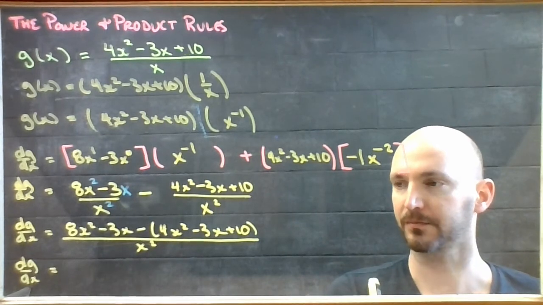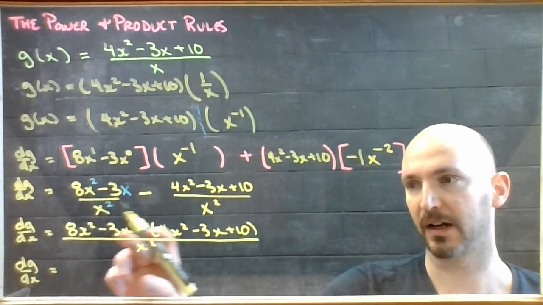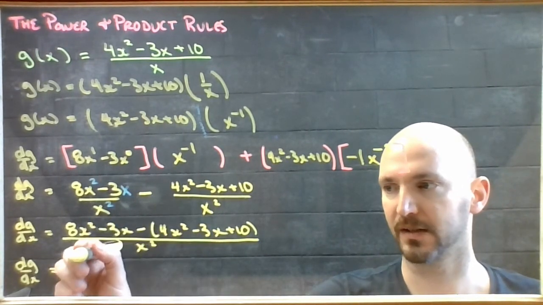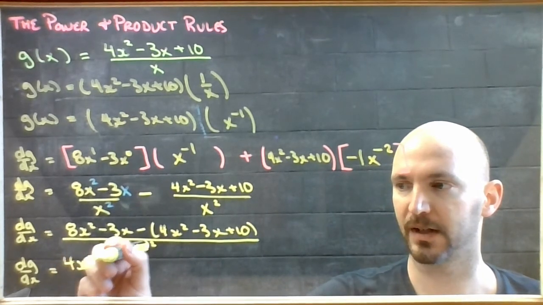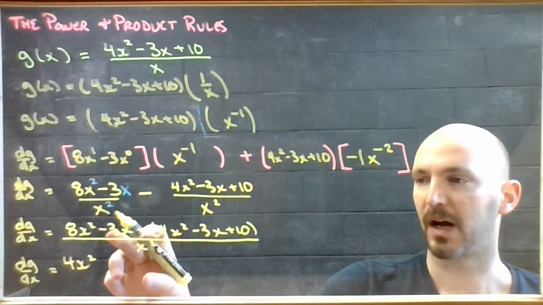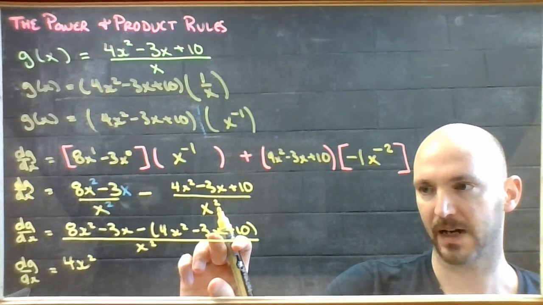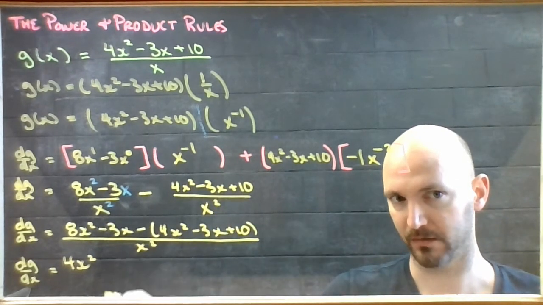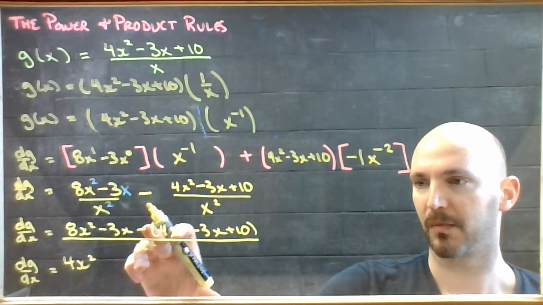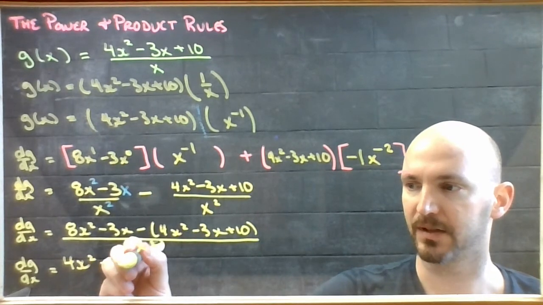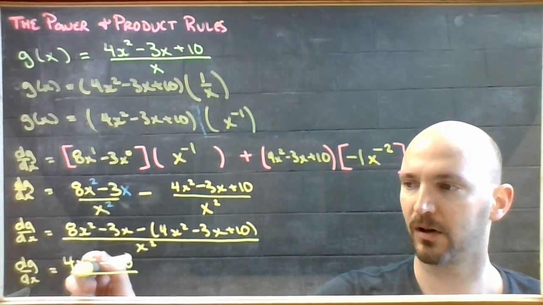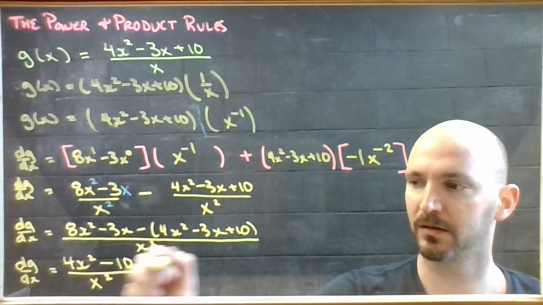Okay. 8x squared subtract 4x squared leaves me with 4x squared. Minus 3x's minus 3x's is gone. Minus 10 becomes negative 10, all over x squared.